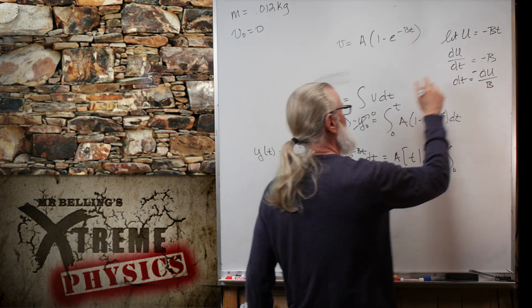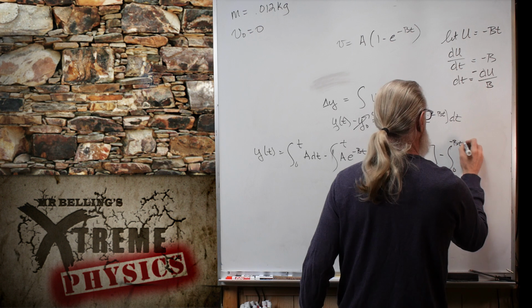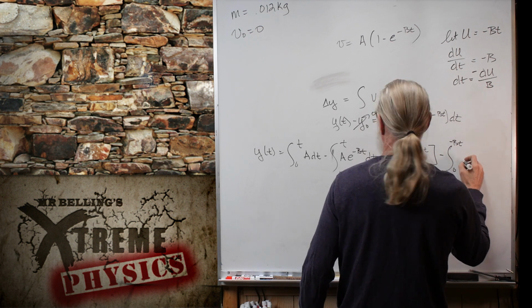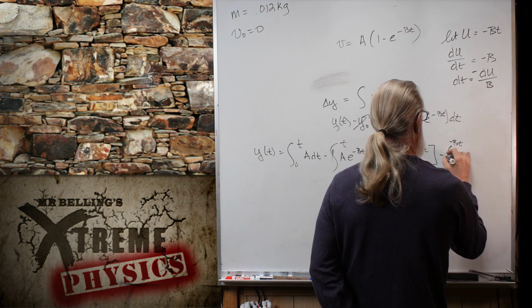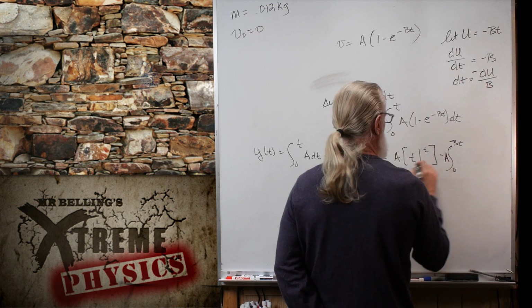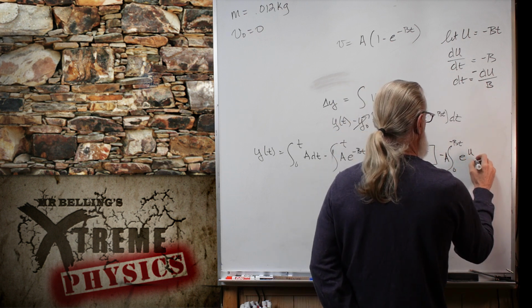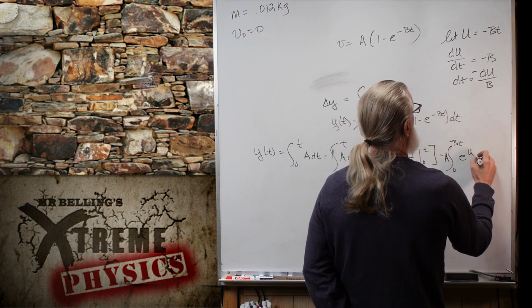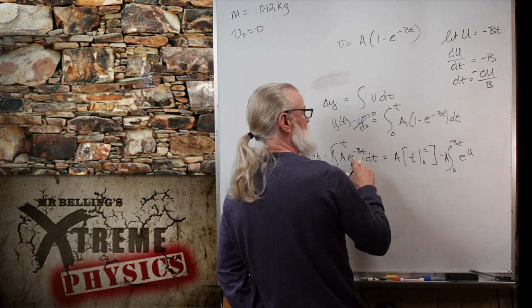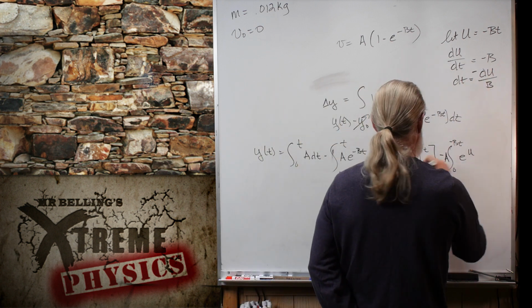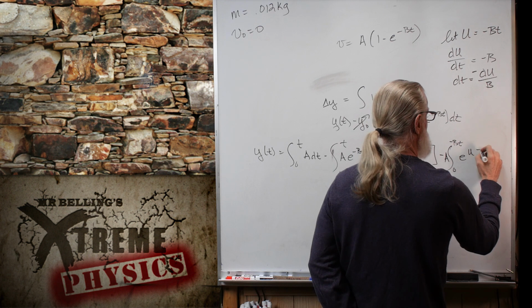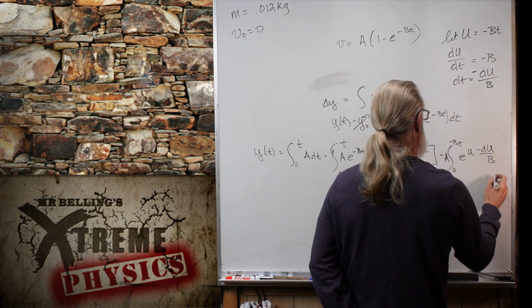When t is t, u is minus bt. And then we just bring the A out, and we end up with e to the u, right? That's e to the minus bt is the u, and then dt is minus du over b.